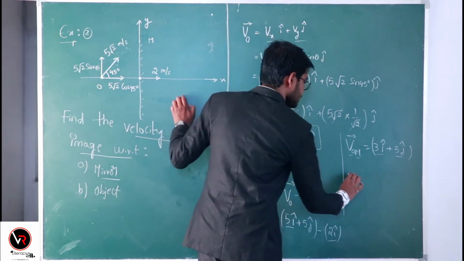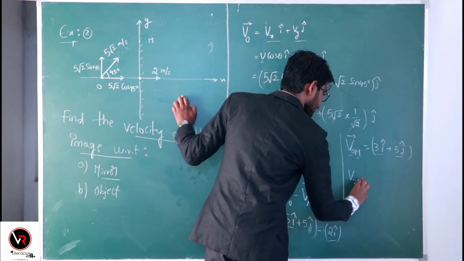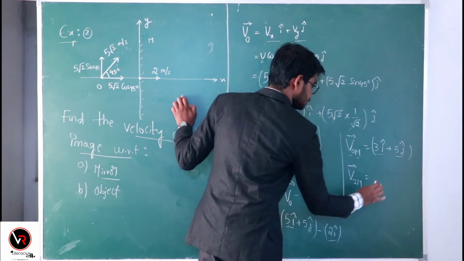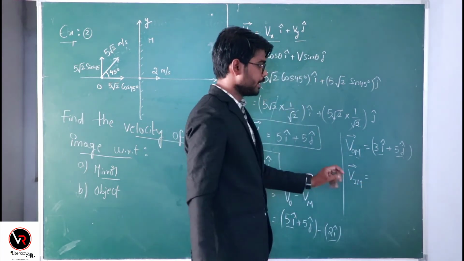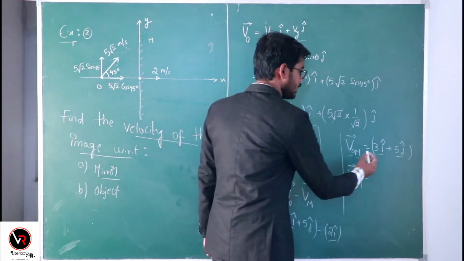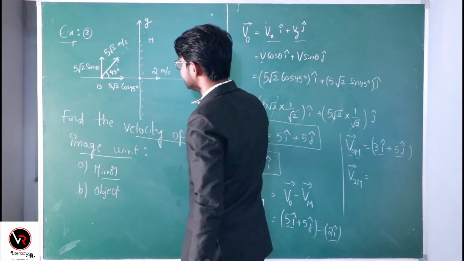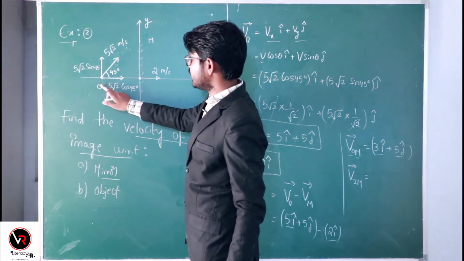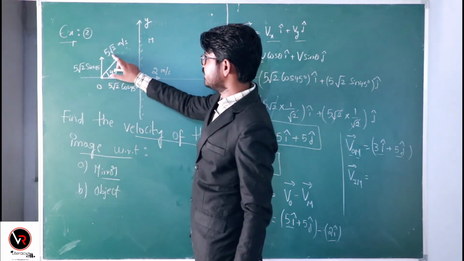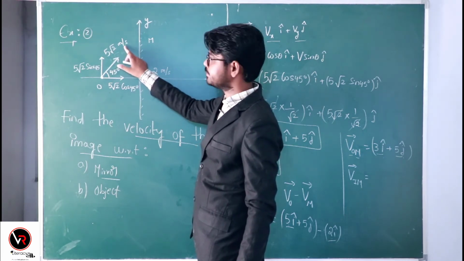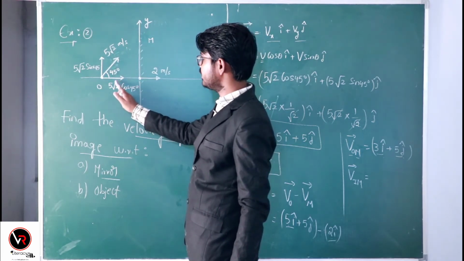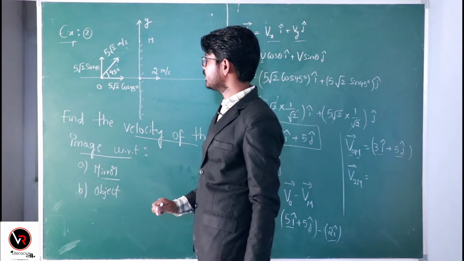So what is the velocity of image with respect to mirror? According to the previous theorem, only the component along x direction reverses. For example, see here, the object is moving in this direction with the speed 5 root 2 meter per second. So it has a horizontal component and a vertical component.